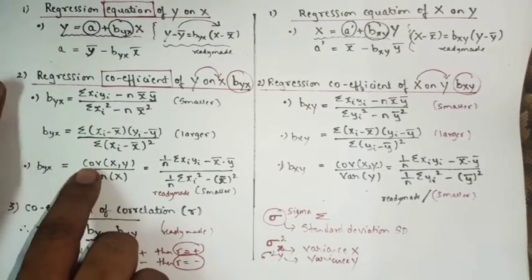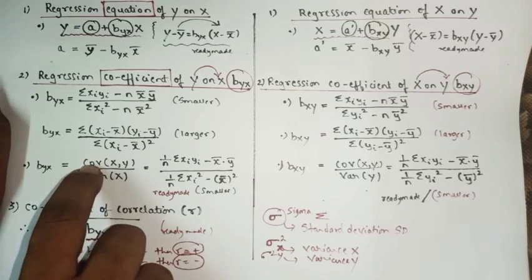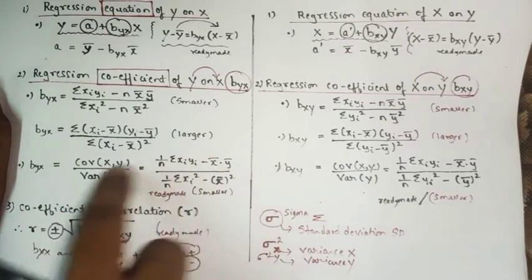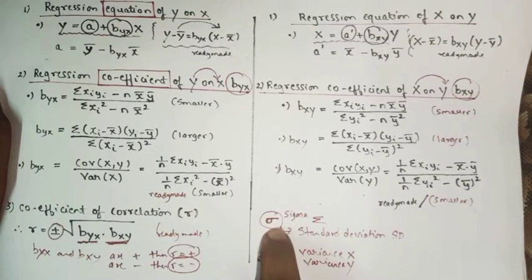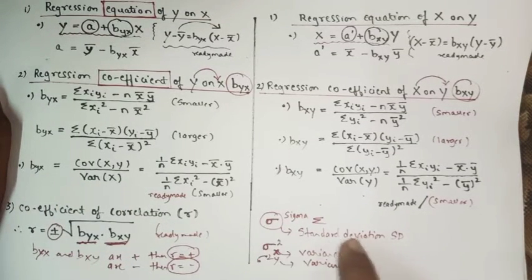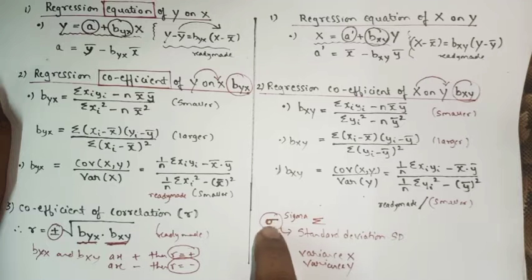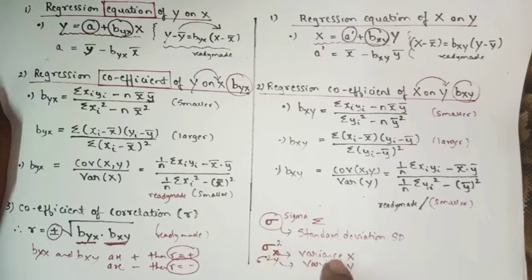So remember, this COV is known as covariance. Covariance means this numerator part, and variance means the symbol known as standard deviation. When you square the standard deviation, it is known as variance.